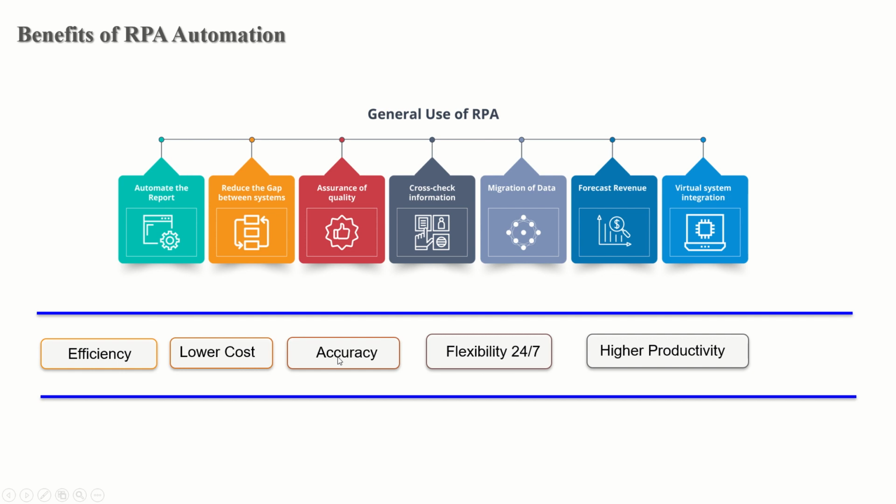And accuracy, see, the RPA eliminates the risk of human errors. Suppose a human is working and needs to log into Outlook and send thousands of emails to the customers. They need to update some of the credit and debit values in the email body, so they may miss it.